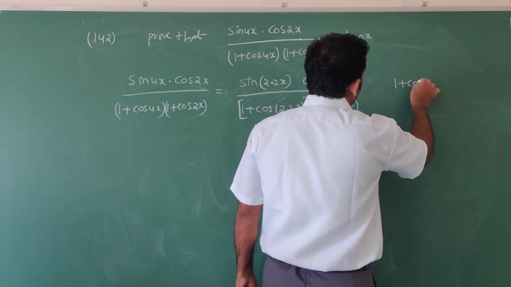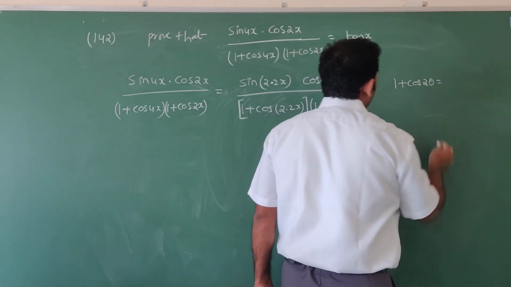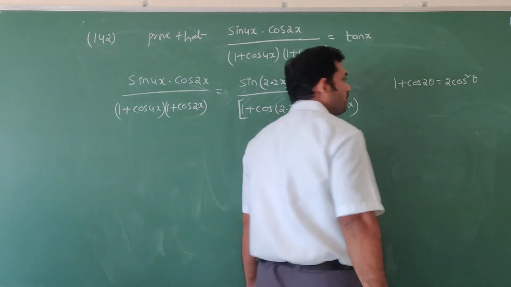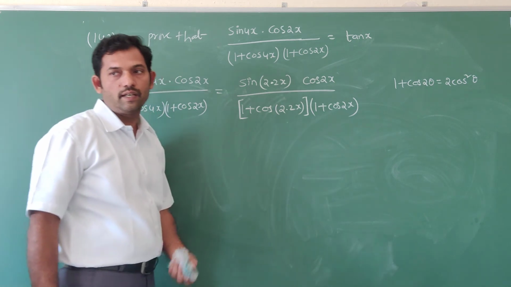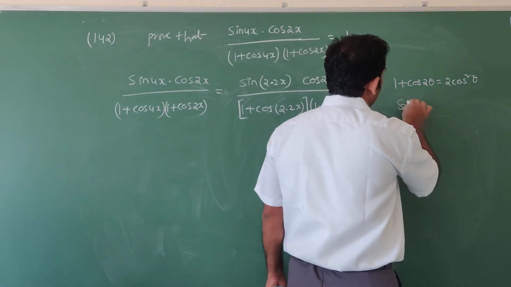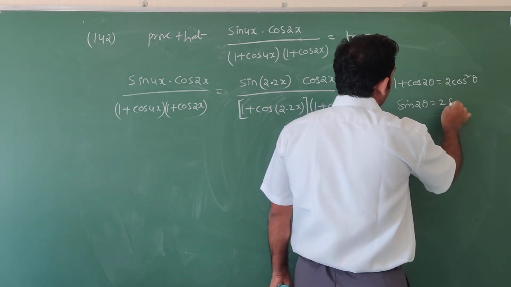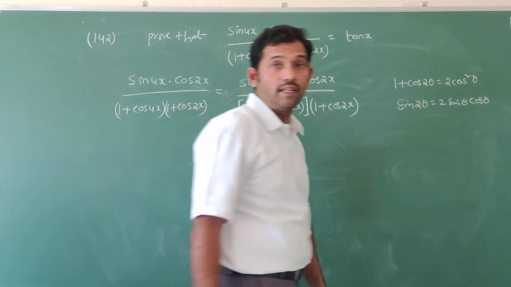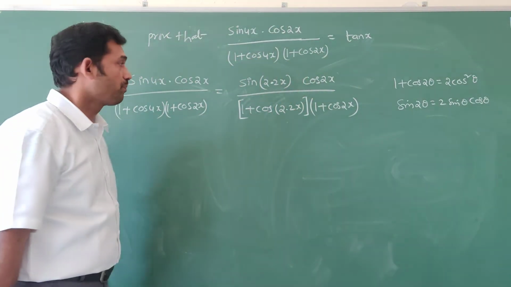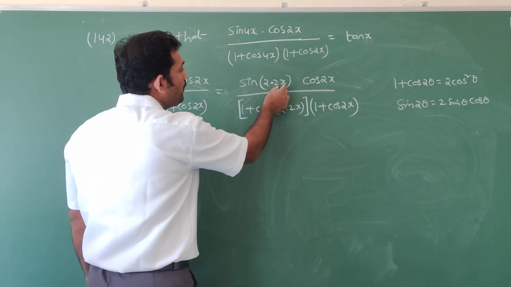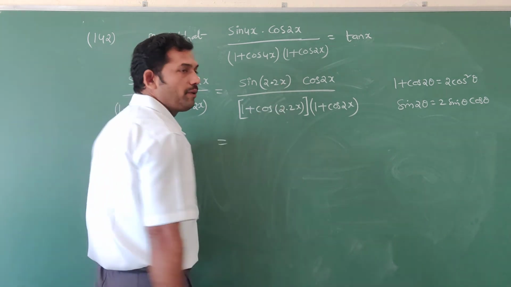1 plus cos 2 theta means 2 cos square theta. Like the sin 2 theta formula, 2 sin theta cos theta. See, in the first value sin 2 theta, theta is equal to 2x here.